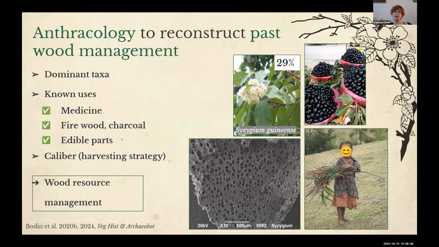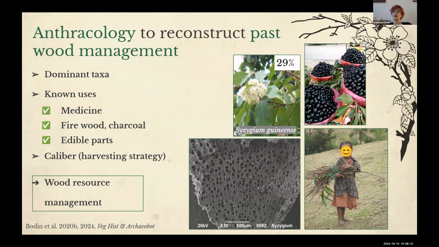You can also have an idea about the harvesting strategy, for example, looking at the wood caliber, so at the charcoal caliber. For example, on this picture, it comes from a twig, because you can see that the rays are not parallel, but they tend to converge towards the same direction.